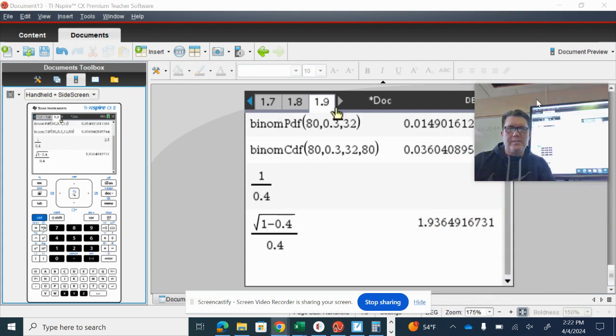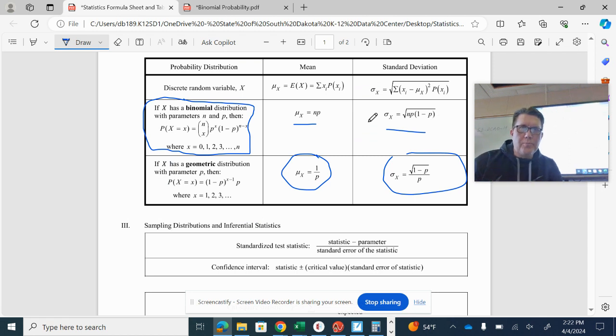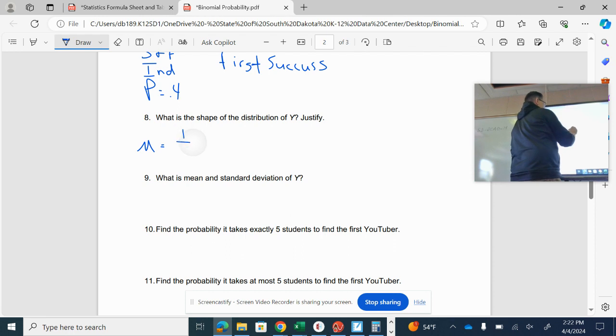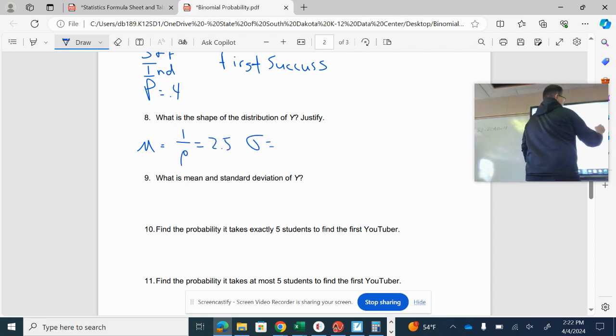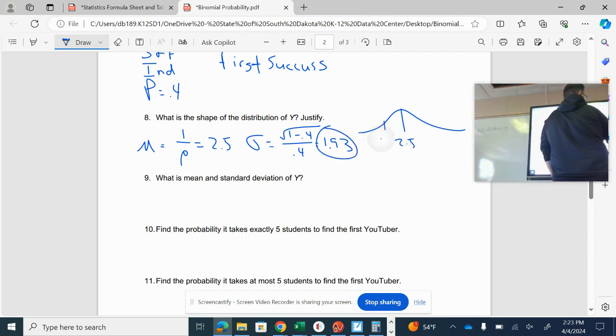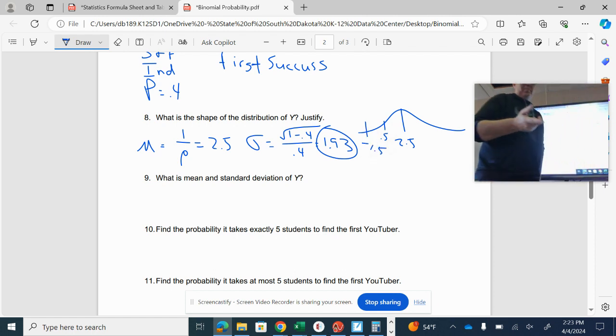Now let's think about this. 2.5 for the mean and 1.93. If you start drawing this thing and you try to make a normal curve, 2 draws, let's just call this 2 for simplicity, half a draw, -1.5, you can't draw a negative amount of times.